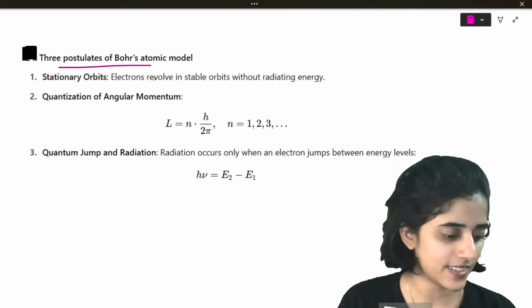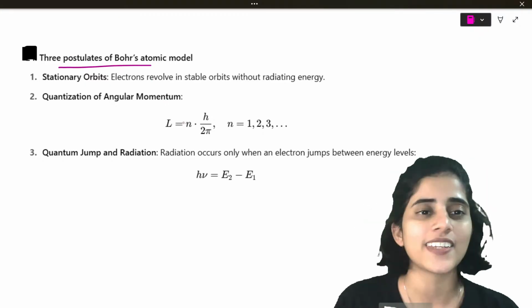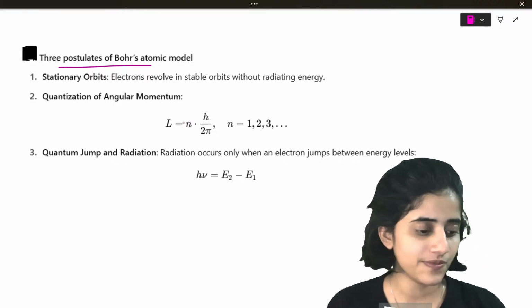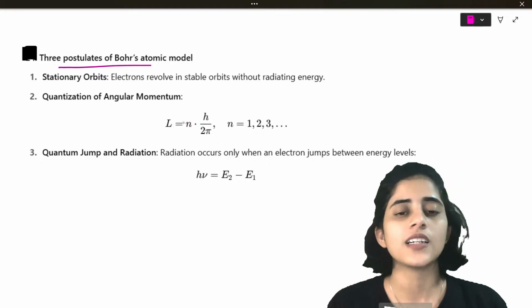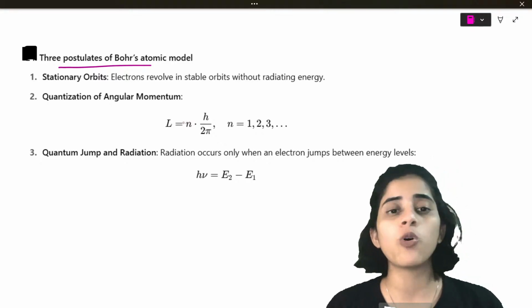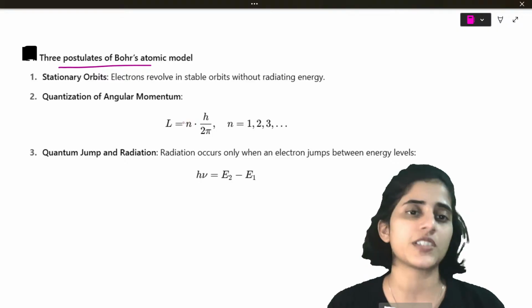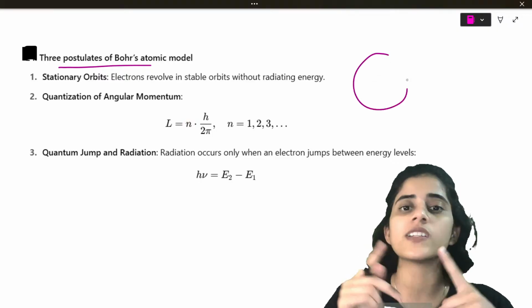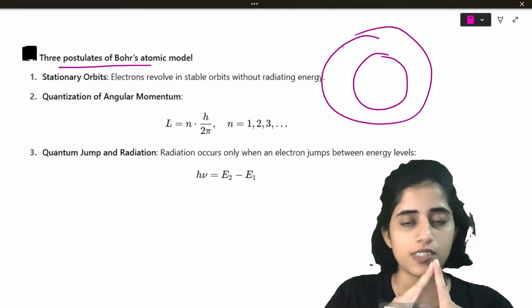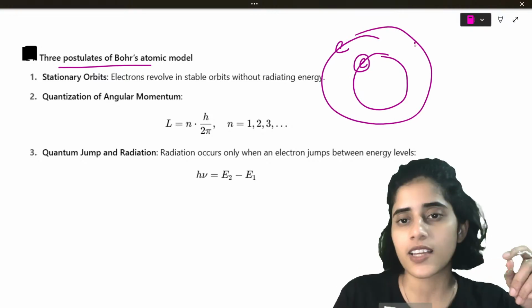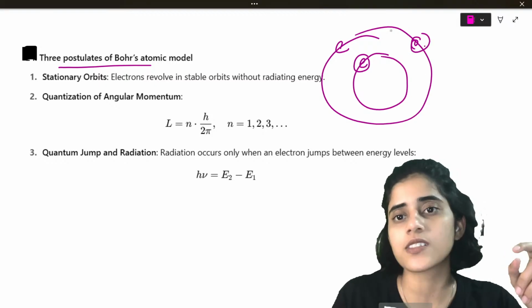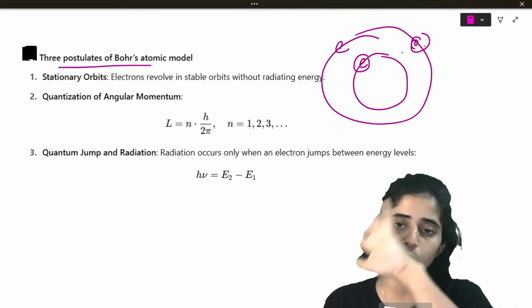Now, three postulates of Bohr's atomic model. So there are three postulates that Bohr said. These are all direct questions. So what did Bohr say? First thing he said is electrons move in stable orbits. So if this is an atom, and these electrons are moving in their own orbit, they move with a lot of stability.